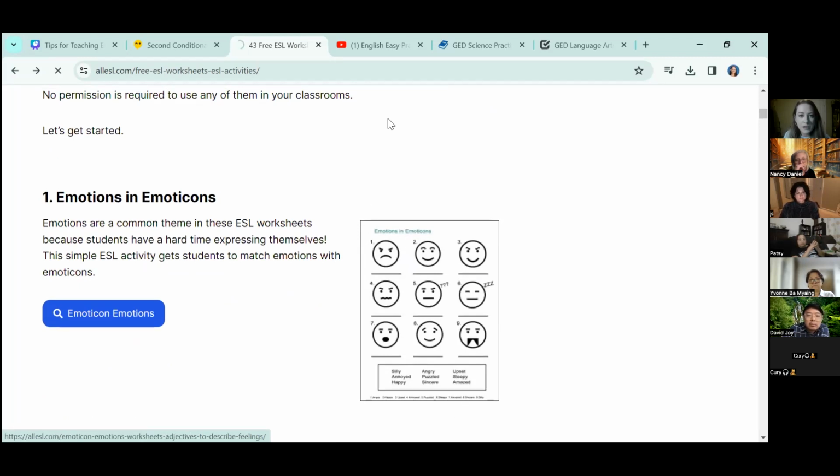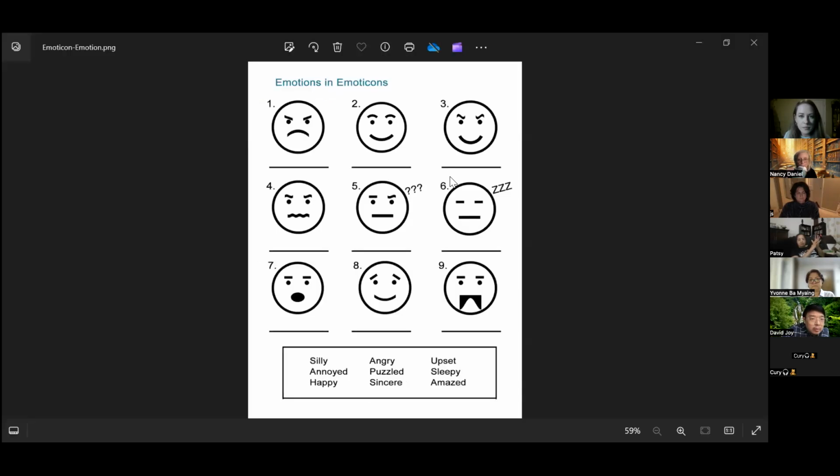Actually, I already have this pulled up. Are you looking at one of the emotions worksheets? Okay. Again, if you're working with a very beginning level class, this is the type of resource you would want to start with for your students. It's just building vocabulary.